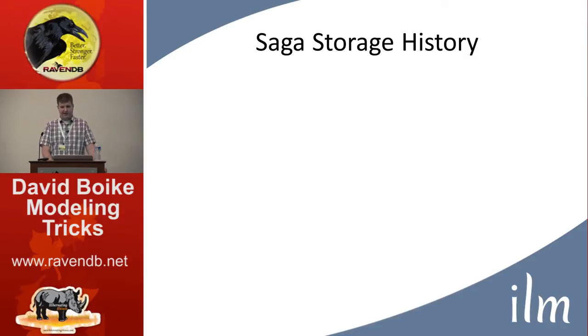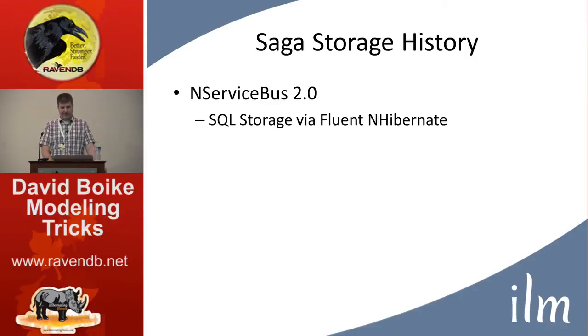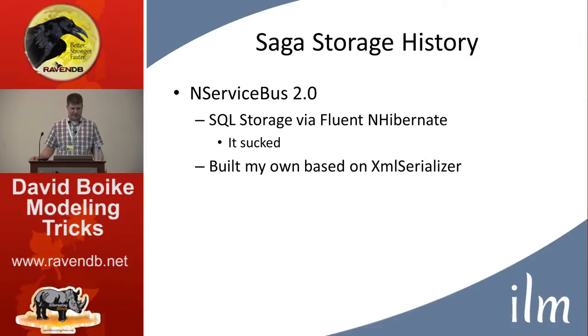So the history of Saga storage is that in NServiceBus 2.0, which was the first version I used, it was SQL storage via Fluent NHibernate. So I didn't like that, so I built my own based on XML serializer.